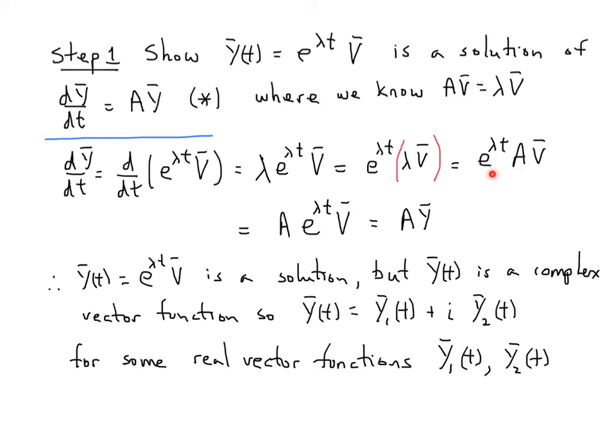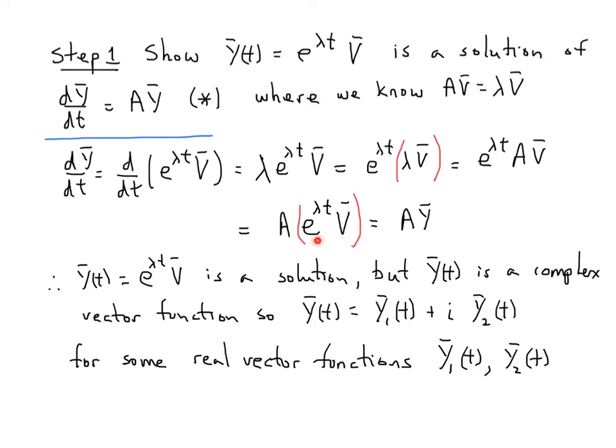A scalar, this is a complex scalar, for every value of t we get a complex number, but a scalar times a matrix, which is being multiplied by a vector, can sit out front, or it can come inside and multiply the vector first, so we can allow this to happen first, and then multiply by the matrix A. This is a property of linear algebra and matrices, and so we are allowed to do this.